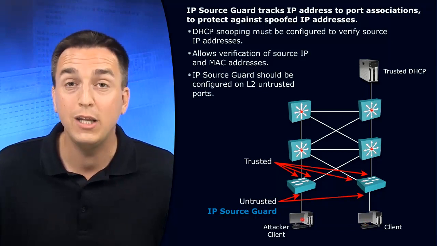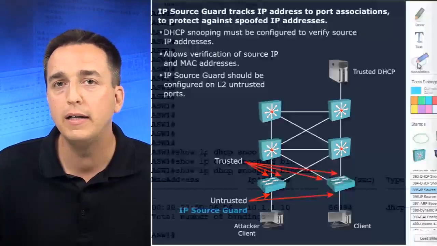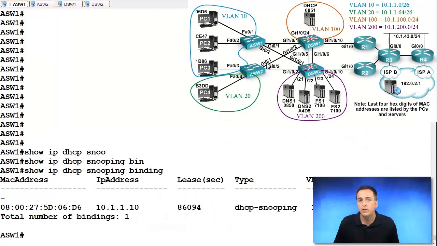And it does that by using the DHCP snooping binding table. So if we look at our binding table here, this binding table will make sure that any other device cannot pretend to be PC1 because PC1 is reachable out this interface.